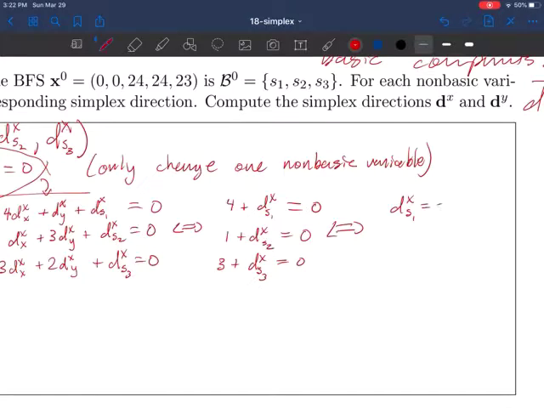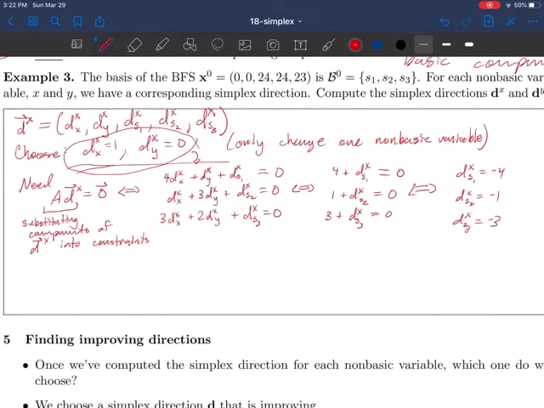It's a 3x3 system with a solution I can actually write down. It's dxs1 equals -4, dxs2 equals -1, and dxs3 equals -3.